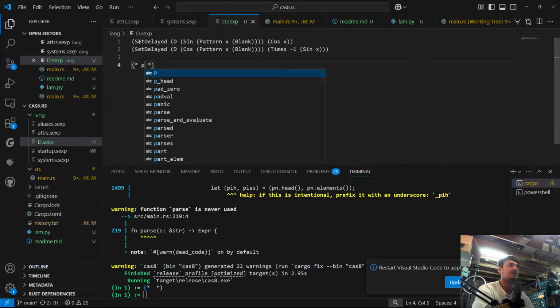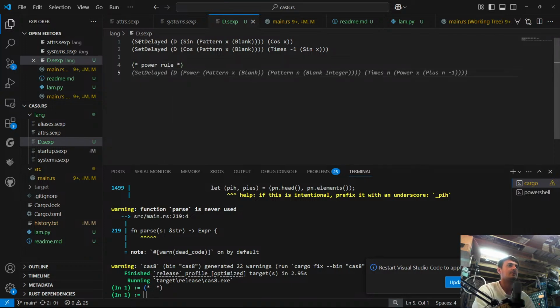If I do power rule, it'll probably just, power, yep, that looks right.